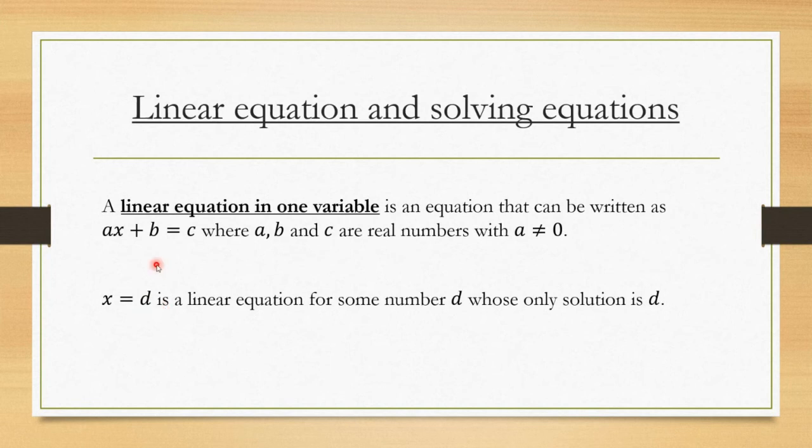Generally, the way we solve linear equations is we manipulate them to get x equals something, because this equation is easy to solve. The only solution is d, whatever that d is. I mean, here it's not terrible, but here it's a lot easier.